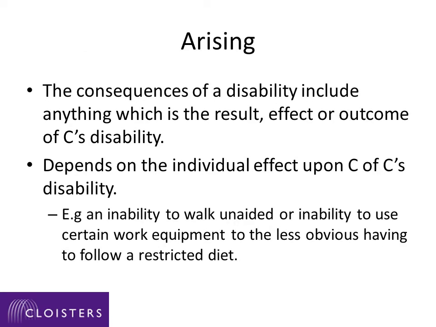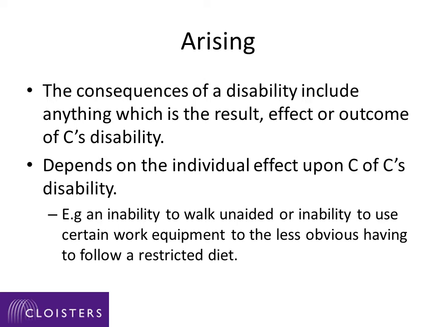So when does something arise from something else? The consequences of a disability include anything which is the result, effect or outcome of the person's disability. And so it depends on the individual effect upon the claimant themselves of their disability.